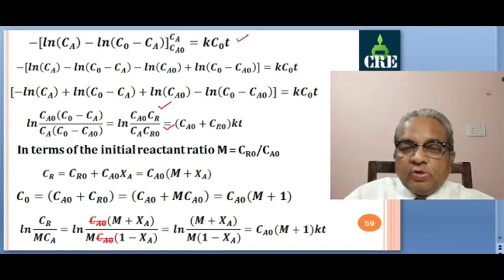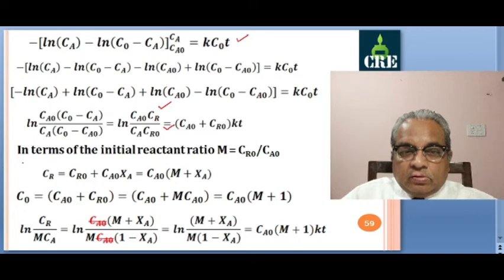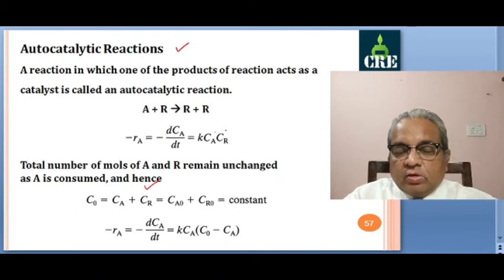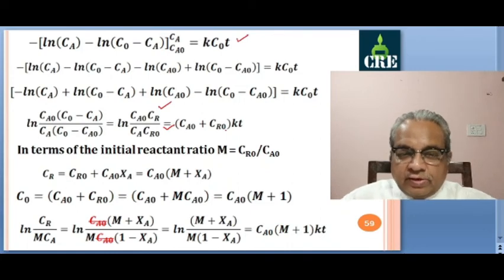C0 you can write as CA0 plus CR0, initial values, in terms of the initial reactant ratio, CR0 by CA0. So you may have some R present initially to start the reaction, or some R will be produced and immediately it will be used as a catalyst for this autocatalytic reaction.